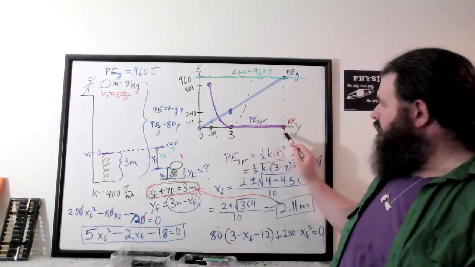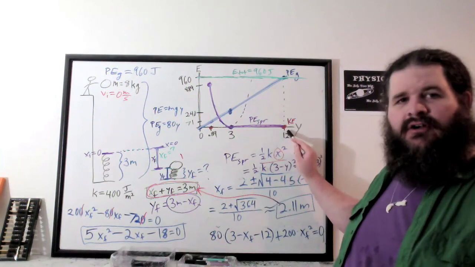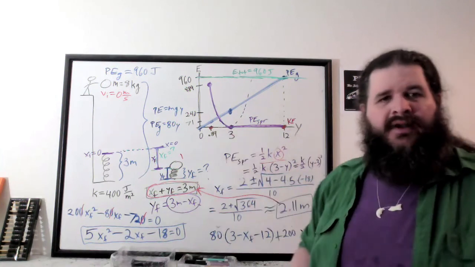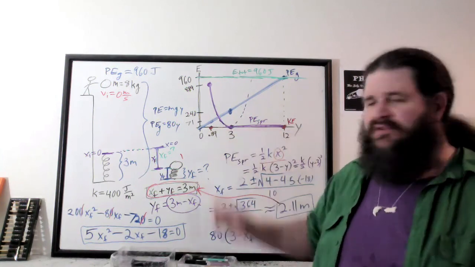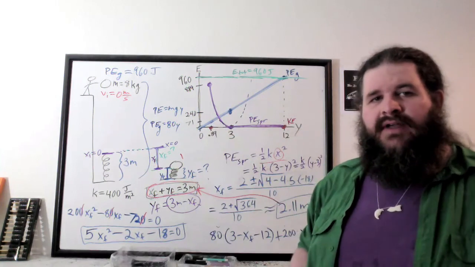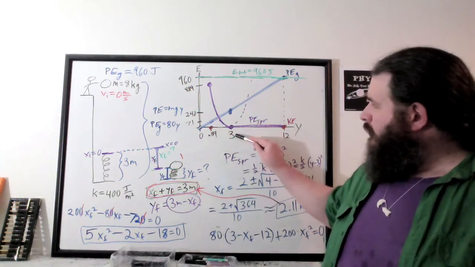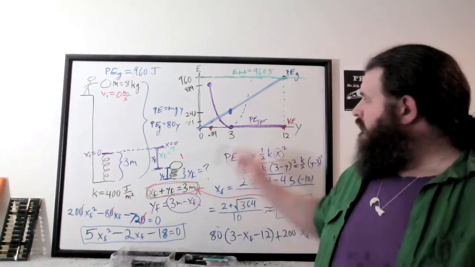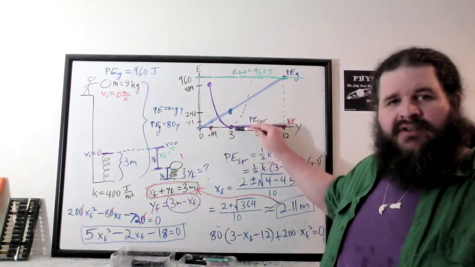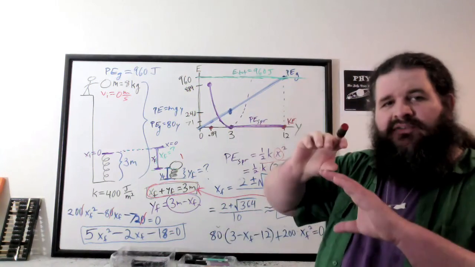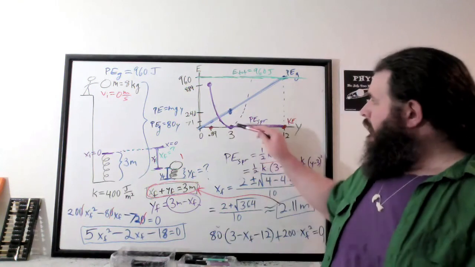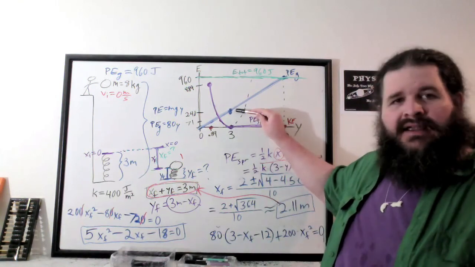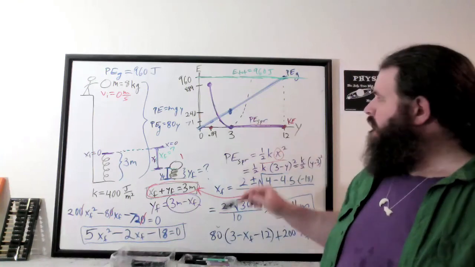We've got 2 locations marked already. We know the kinetic energy is 0 at 12 and also 0 at 0.89, where it starts, where it comes to a stop. The other important value we should really be looking for is at y equals 3. Because at y equals 3, we know we've got no spring potential energy yet because the ball has just hit the spring, hasn't compressed it yet. And we know the potential energy of gravity calculated earlier is 240 joules.